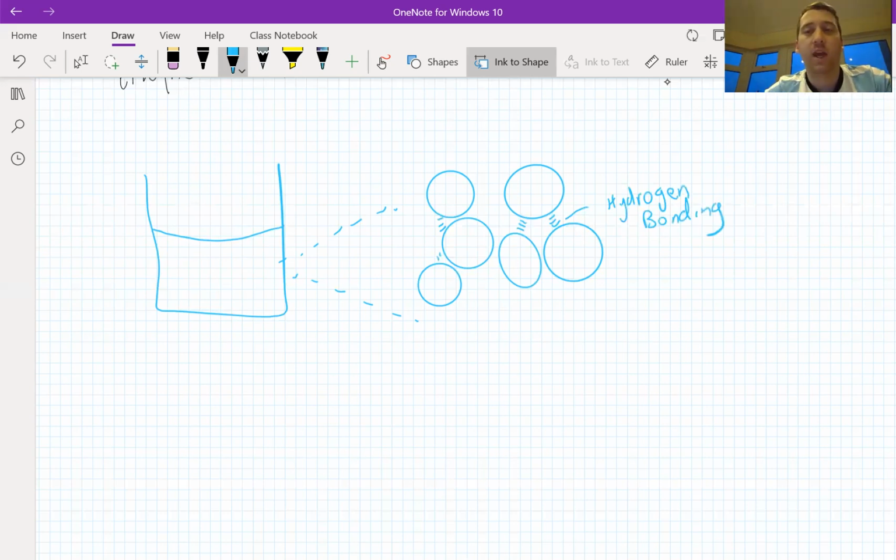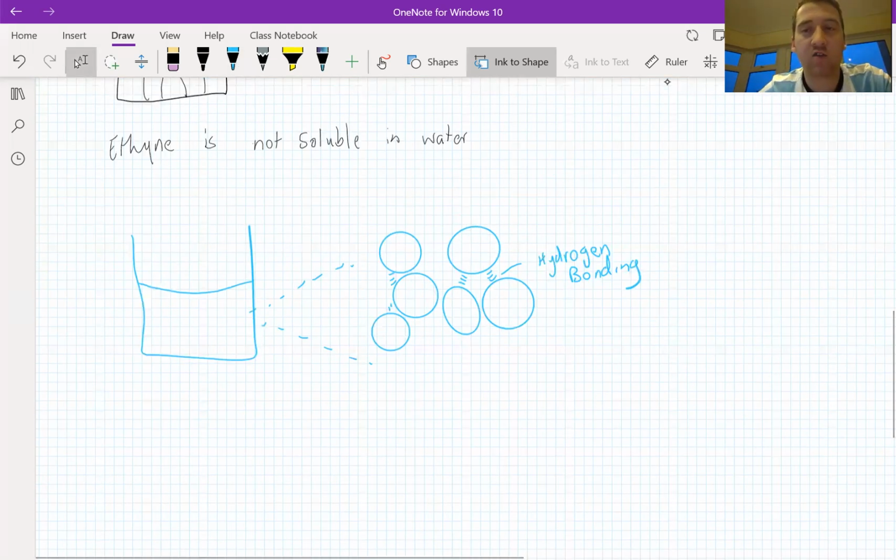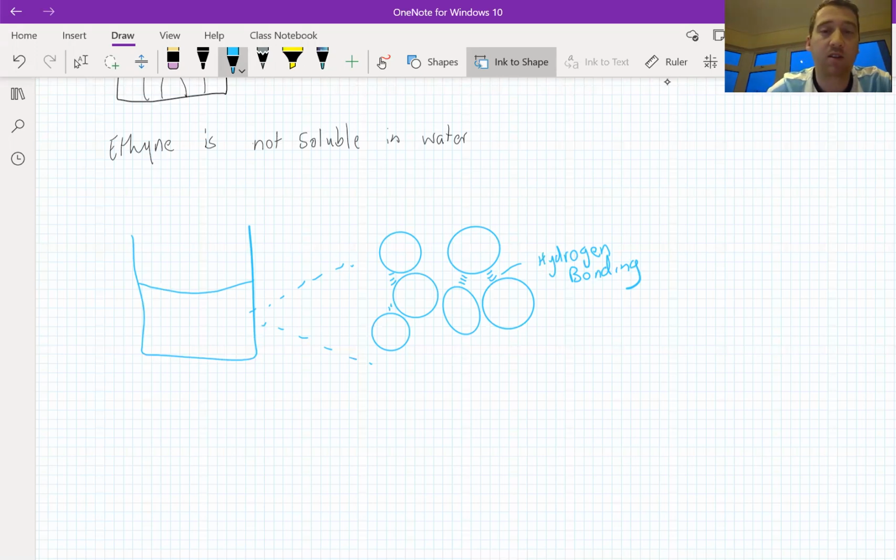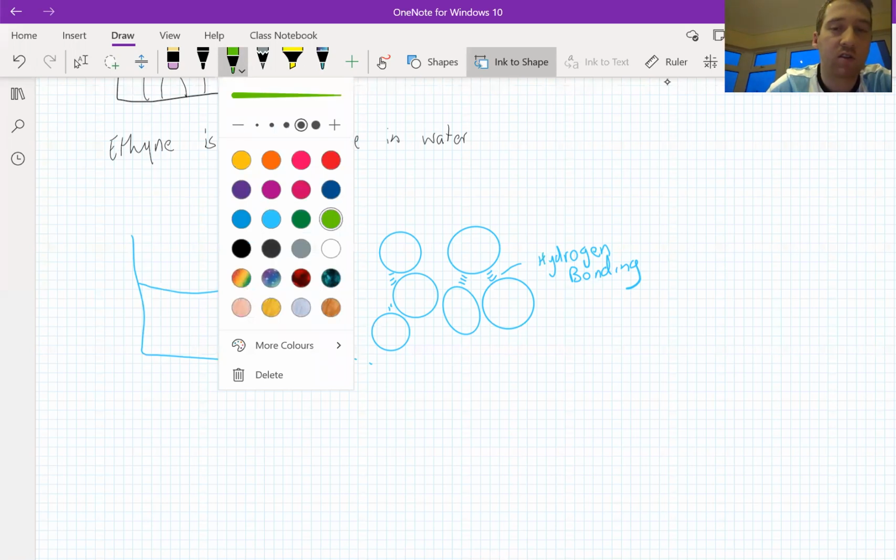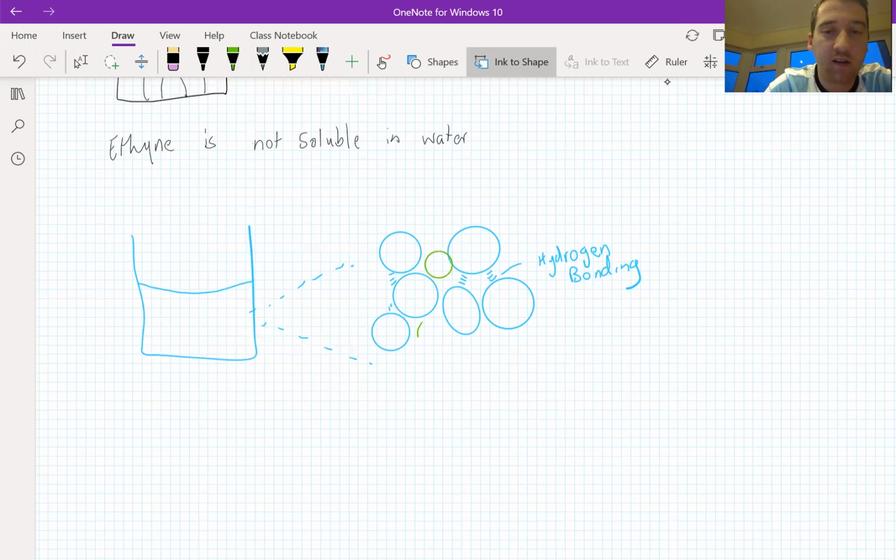Now, for something to be able to dissolve in water, water molecules have to be able to hydrogen bond to them. So if I was to bubble ethyne molecules in here, shown in green, if we want them to dissolve, that means that the water molecules have to give up their hydrogen bond with each other and hydrogen bond to the ethyne.